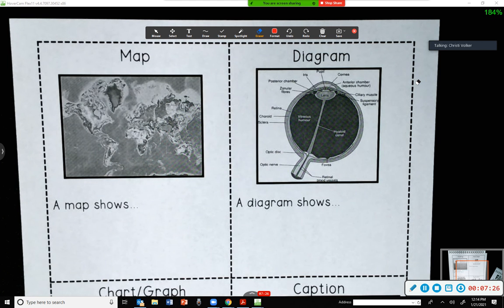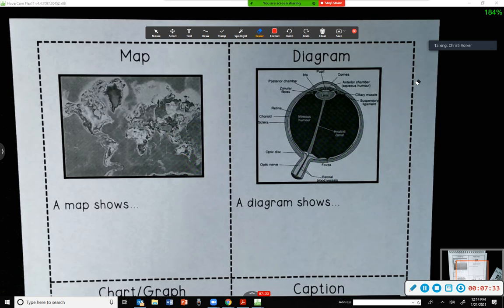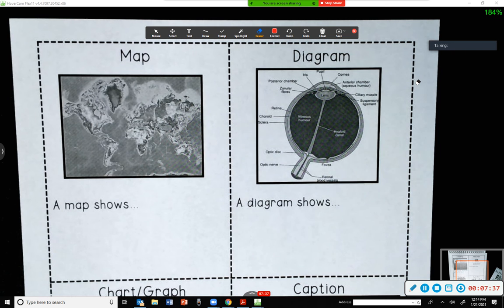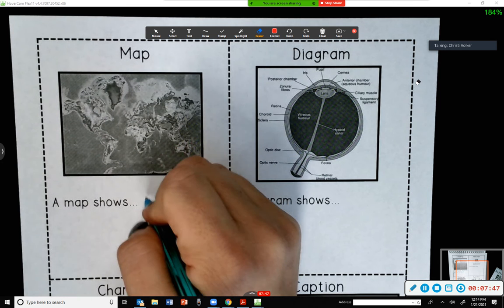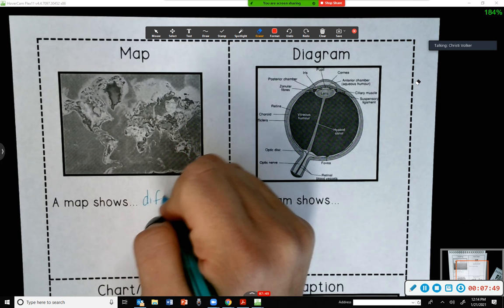It's going to show states. And directions. Locations. Do you have to write this? Okay. A map shows different locations.